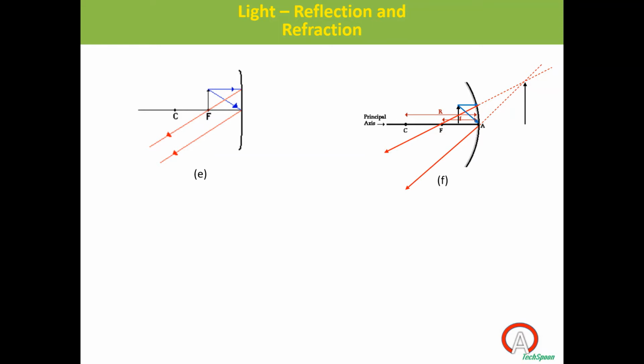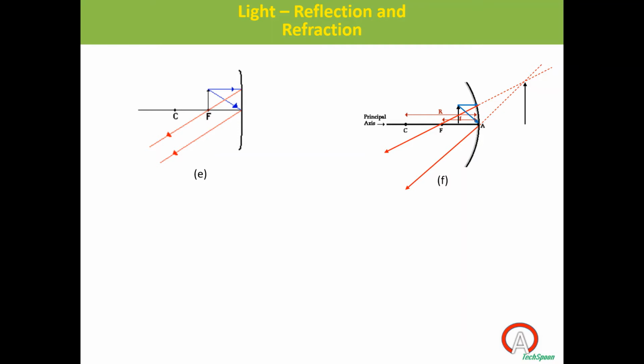The last, you saw that video, right? For the last position, if you keep the candle between F and pole, you can see a virtual image on the back side of the mirror, like you see your image in a plane mirror. In a plane mirror you get the same size erect image.